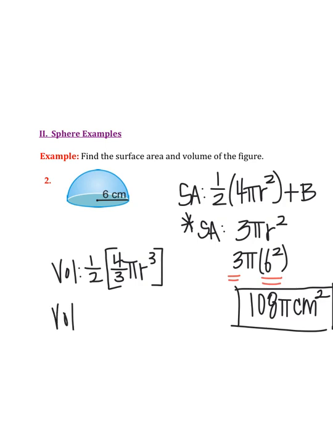So volume, cubed. And then in my calculator, I'm going to put in the 1/2 times the 4/3 times 6 cubed. And for this one, I end up with an integer, which is lovely.